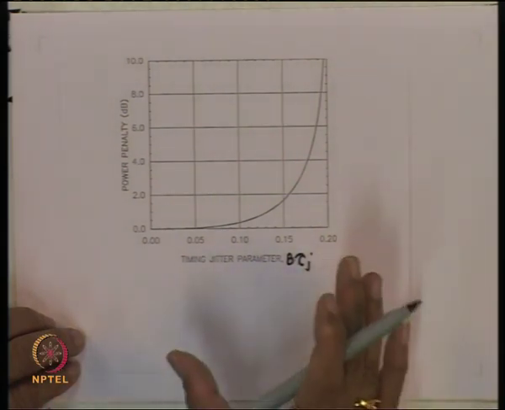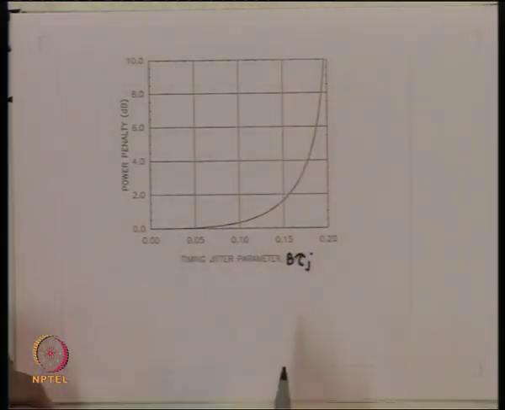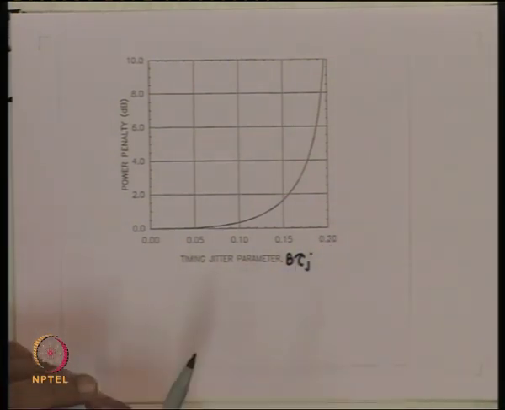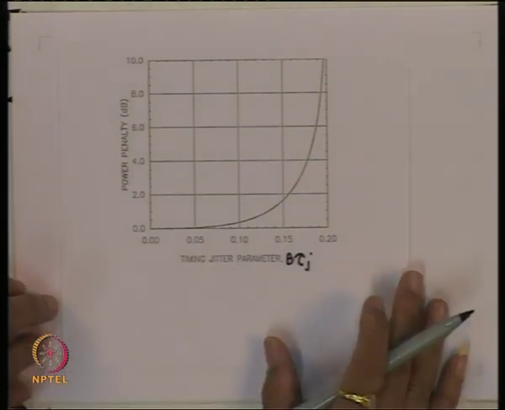And that we can see from the eye diagram, that if the sigma of this quantity is about 0.2, that means the clock peak to peak wander will be over the bit duration, and then essentially the pulse will not be sampled properly.